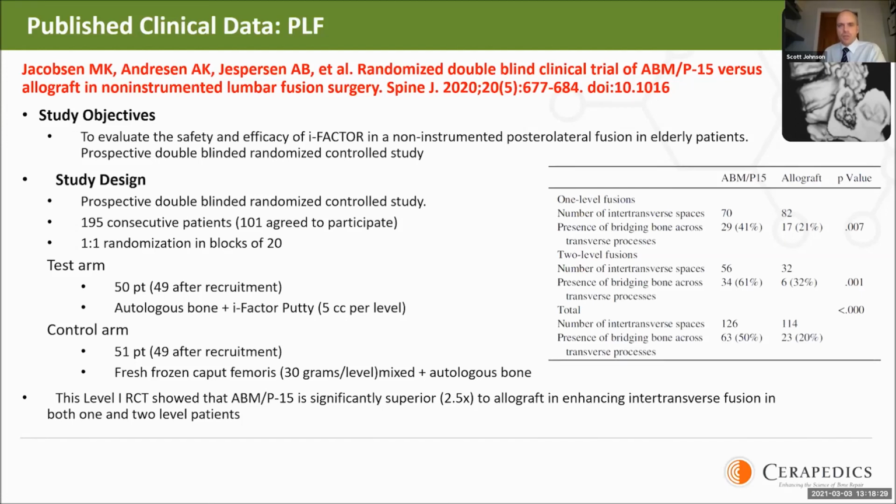That control arm consisted of allograft mixed with local autograft. This particular study was extremely challenging in terms of bone regeneration, not only because you have the mechanical instability, because you've got a non-instrumented fusion, but also because this is an elderly patient population in which the bone regeneration capacity is impaired.